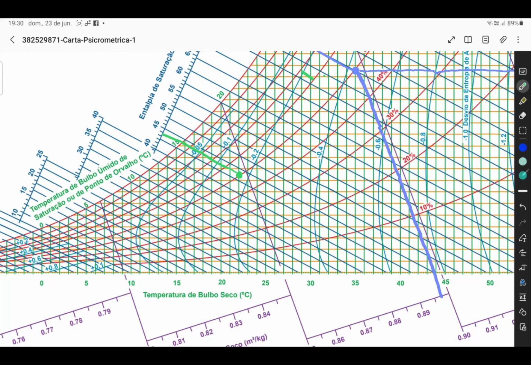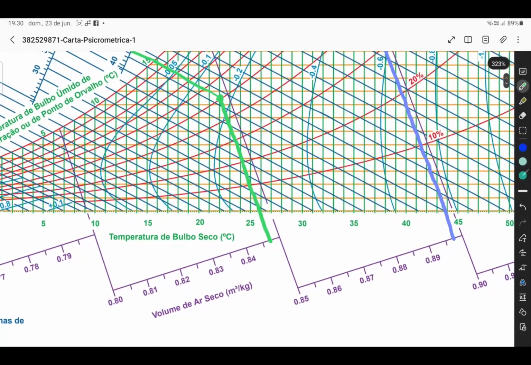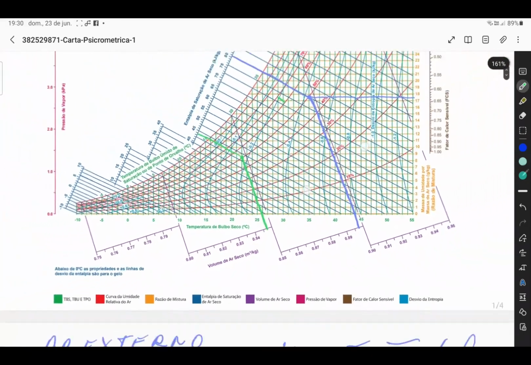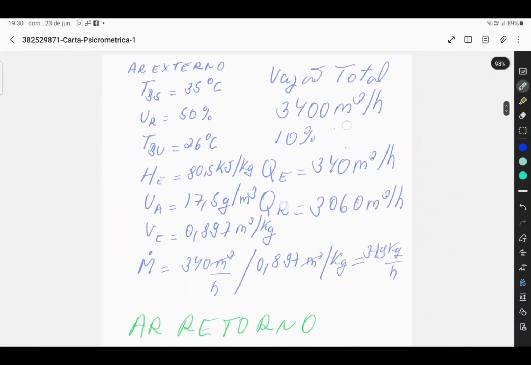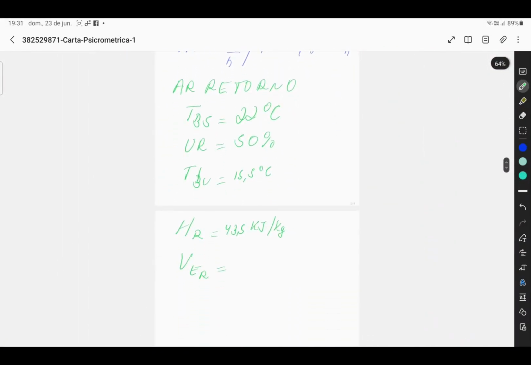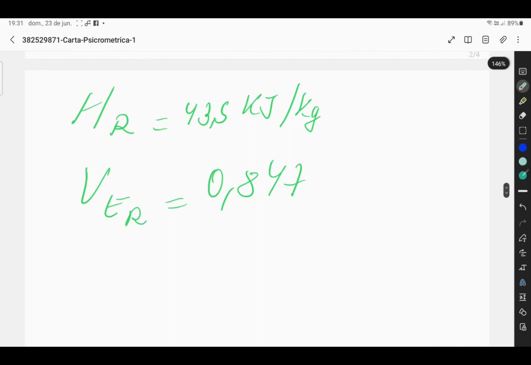Now what is my specific volume? Let's draw a parallel line here, which gave about 0.847 cubic meters per kilogram.